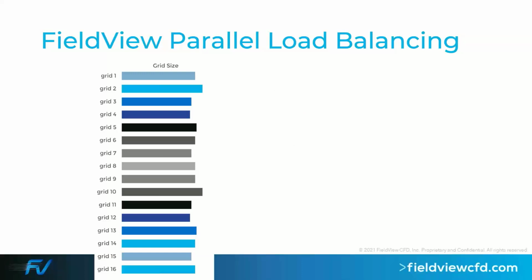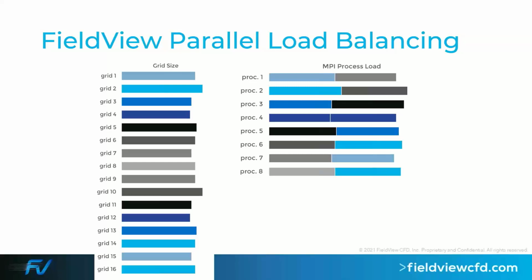If we double the number of grids and still load it on 8 parallel processes, what FieldView does is that it overloads the processes, and each one is going to take 2 grids. And that's how naturally you get a good load balancing. You can see again that the longest process is about the same duration as the shortest process, so you have good load balancing.